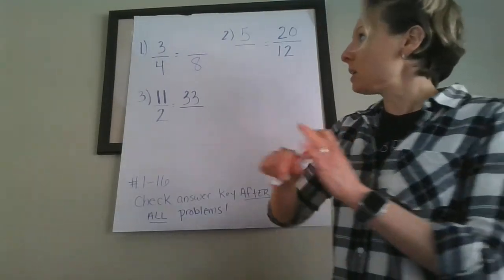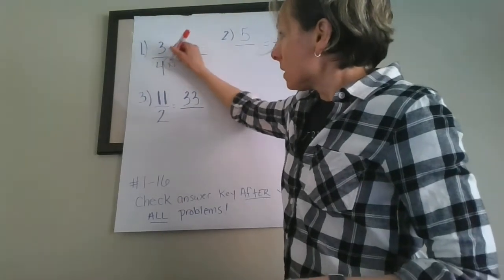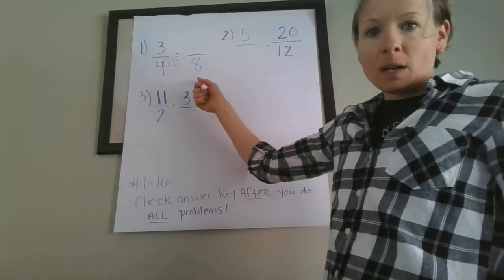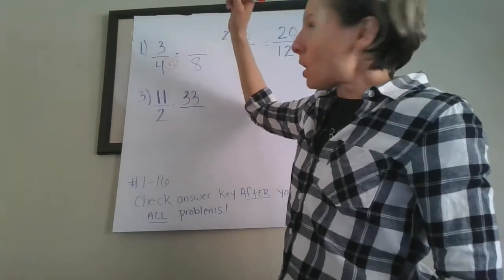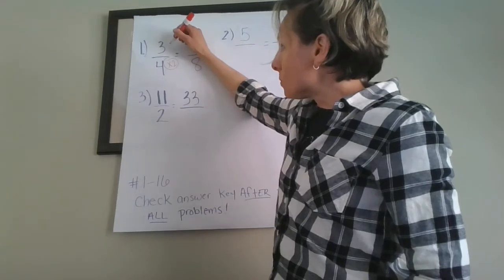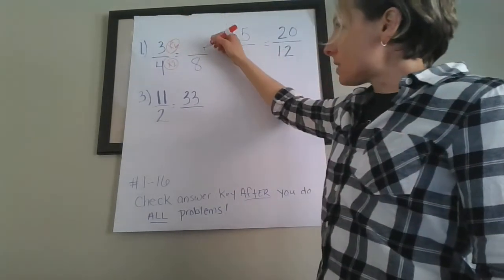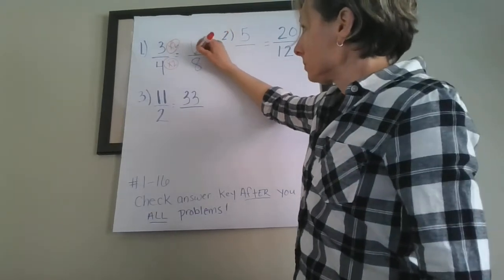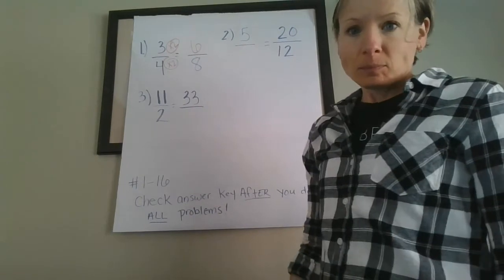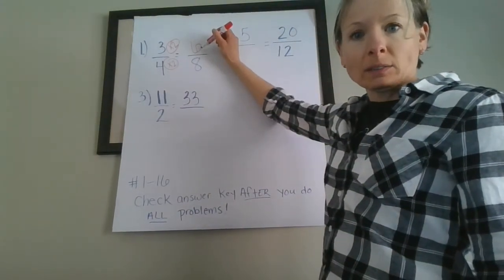So what you did is you did times 2. Now remember, whatever you do to the bottom, you're also going to do to the top, to the numerator. So we're going to also do 3 times 2, and that will give us the new numerator. So what is 3 times 2? That is 6. So 6 is the answer to number 1.